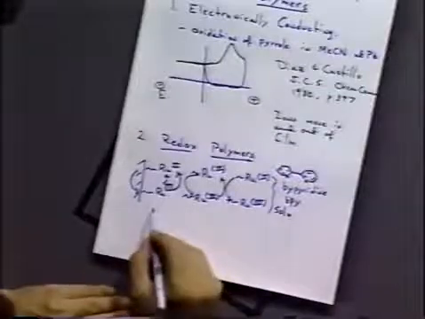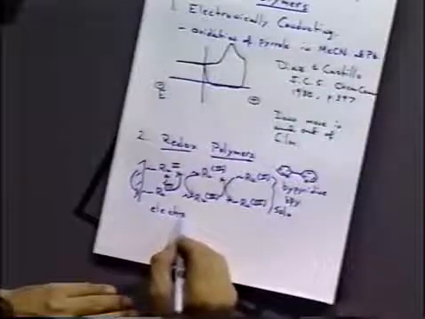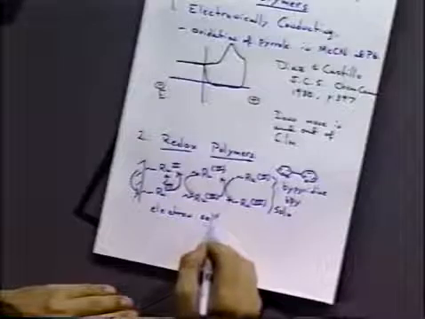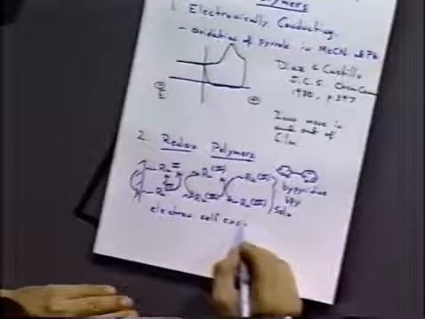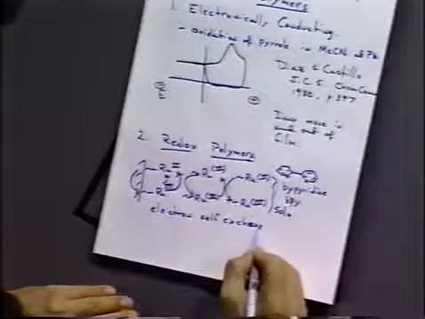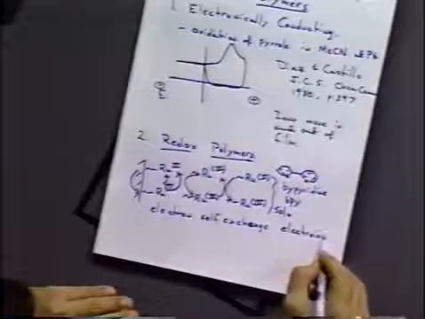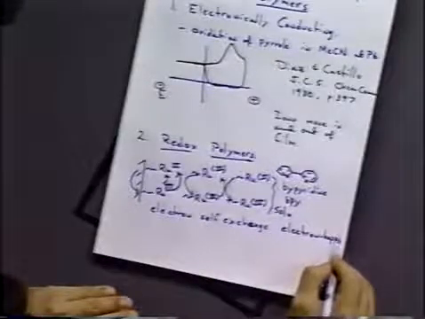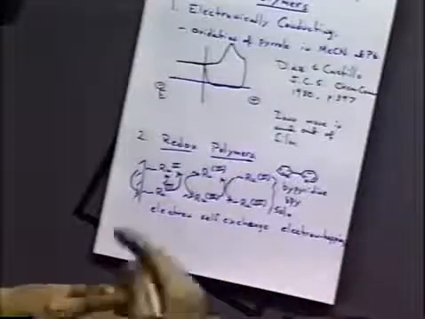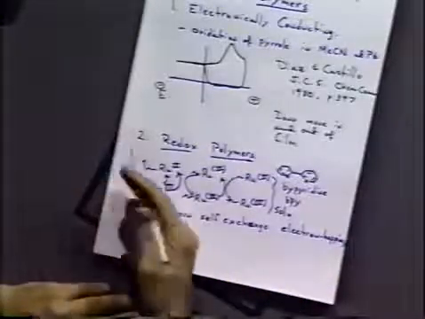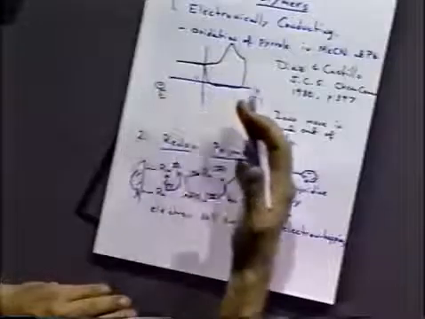So this process of electron self-exchange is often called electron hopping, because the electron really doesn't physically move, it just gets transported from one redox center to the next.